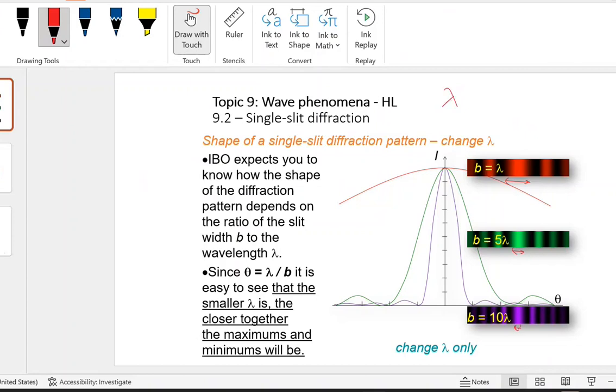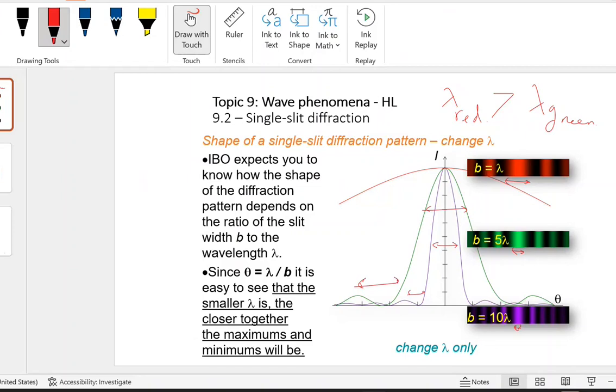So for red, lambda is greater than lambda of the green. So the distance between the fringes, or the width of the fringes, will be less. The width of the central maximum, or the distance between the maxima, will decrease.